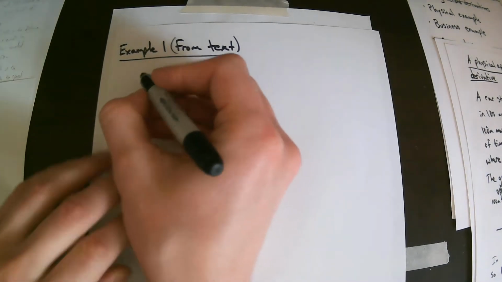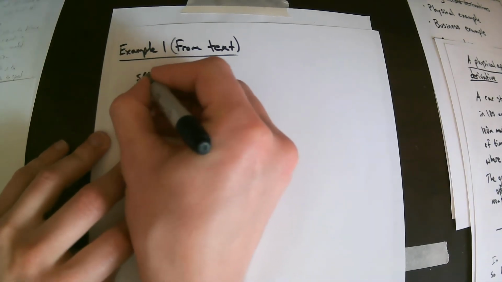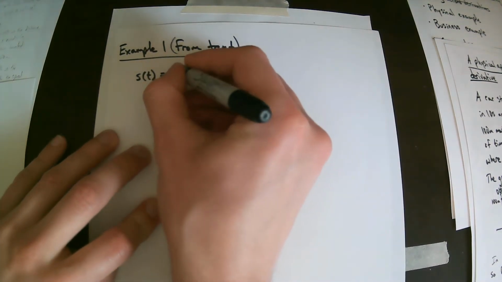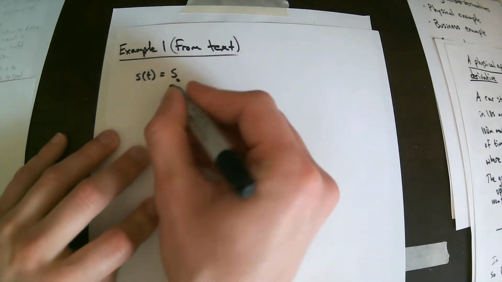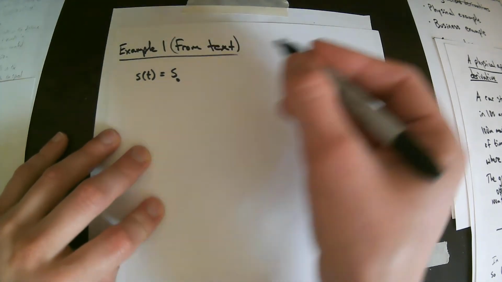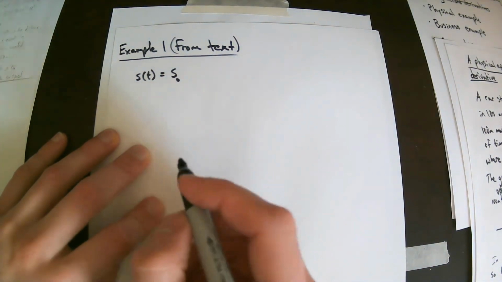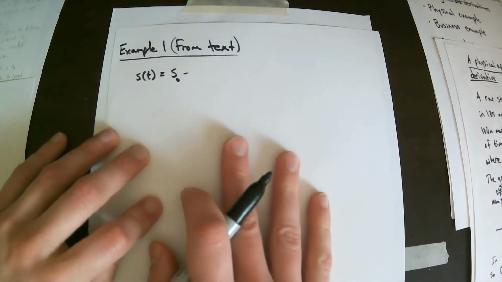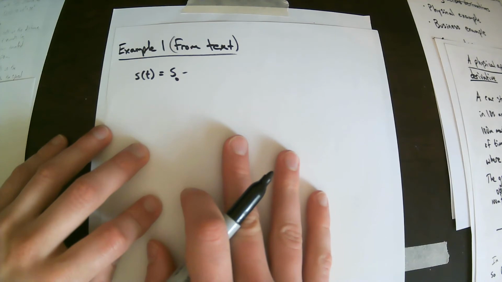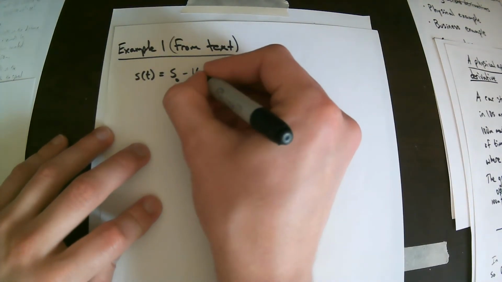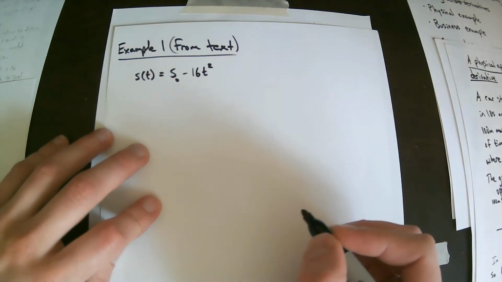So here we go. We have a function for position given by s of t is equal to s naught. That's supposed to be a 0, a little subscript 0, so you read it as s naught, not meaning zero position.